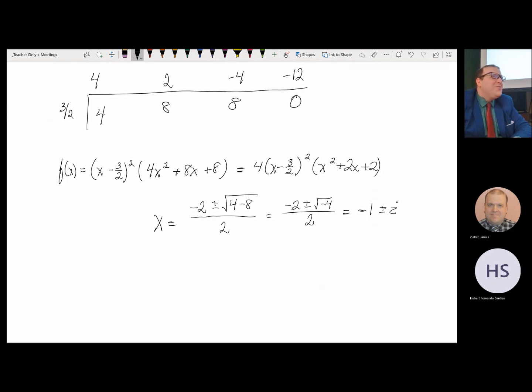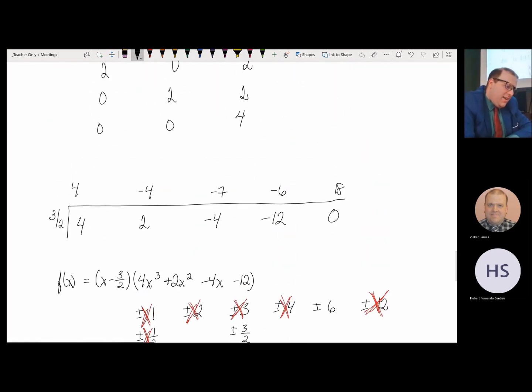There's our two complex zeros. Three halves, negative 1 minus i, negative 1 plus i. Now just check.